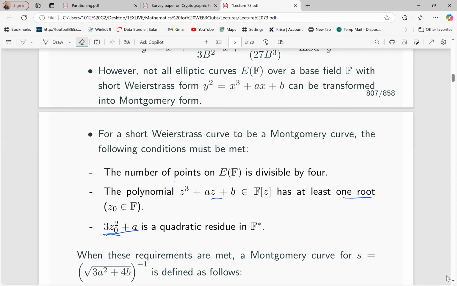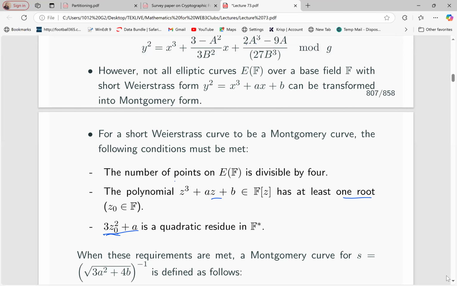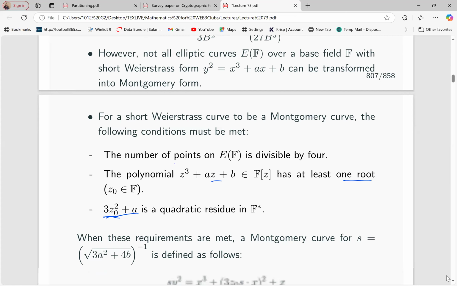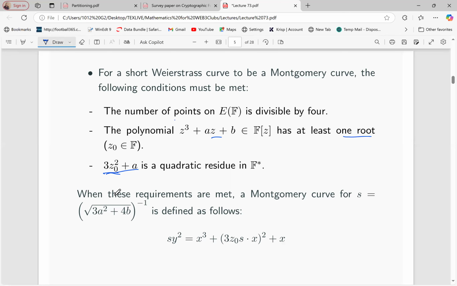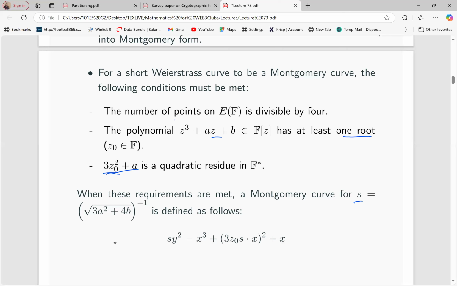So now, how do we convert it? The first thing was to establish if it can be converted. Now that we've established that, how do we convert it? The first thing for us to convert is to find the scaling factor, S. How do we find S?